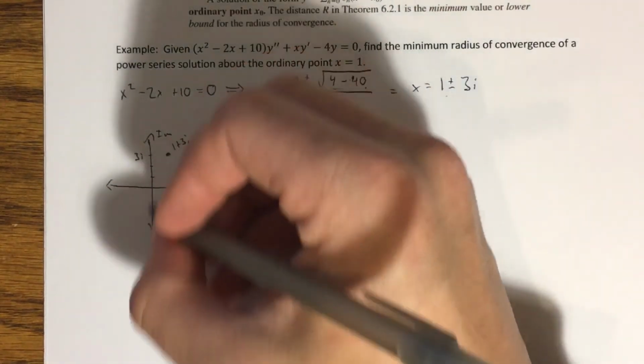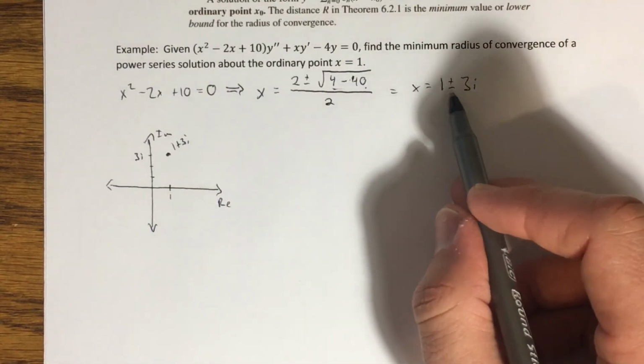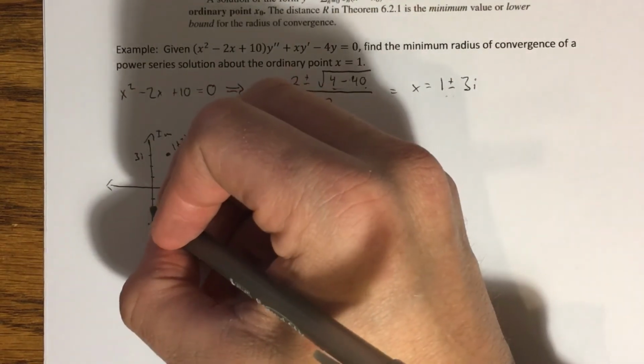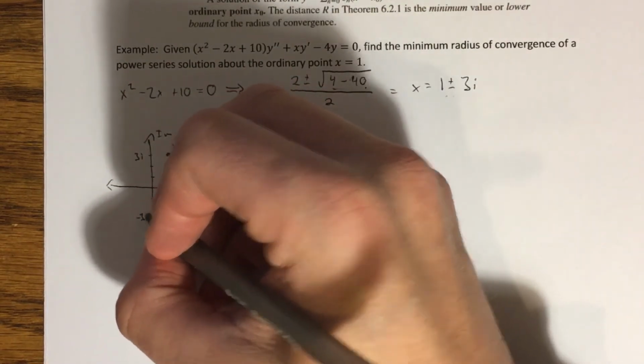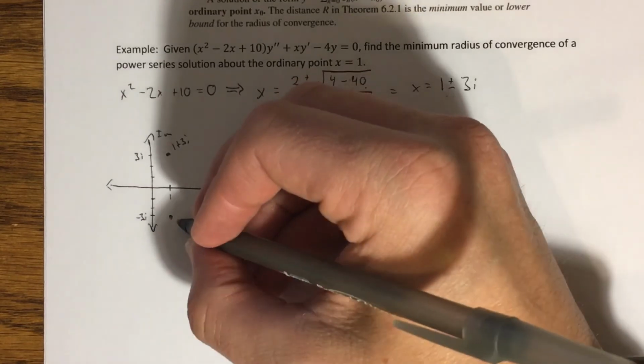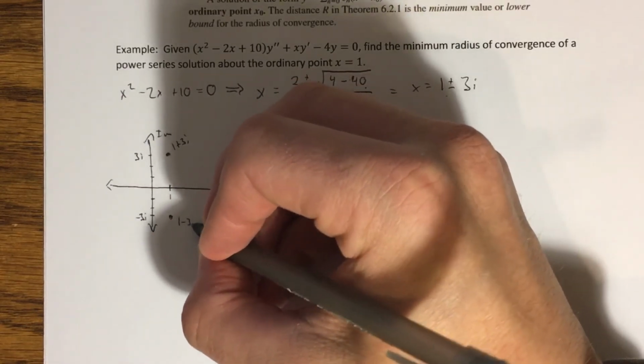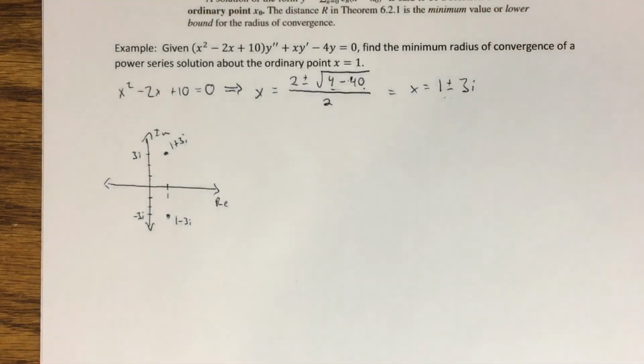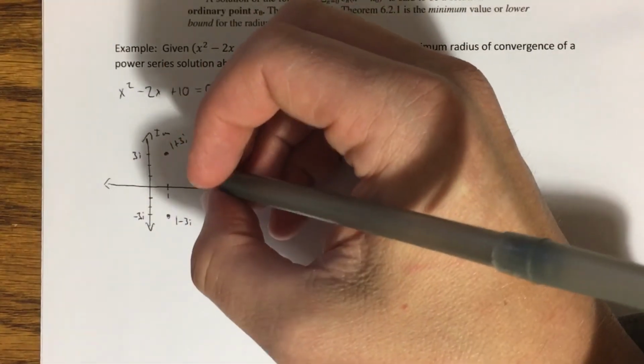For the conjugate of that, 1 minus 3i, I find negative 3i, and it would be this point, 1 minus 3i. This was not drawn very well, so bear with me.